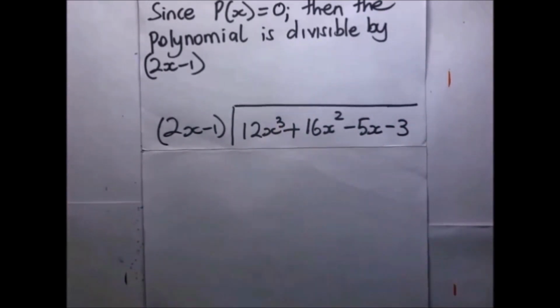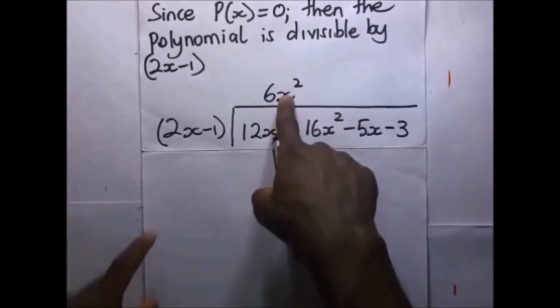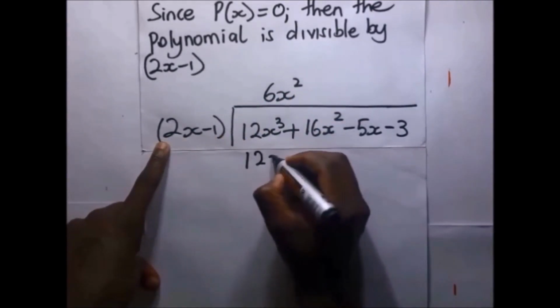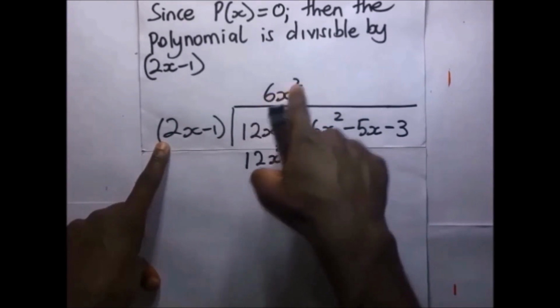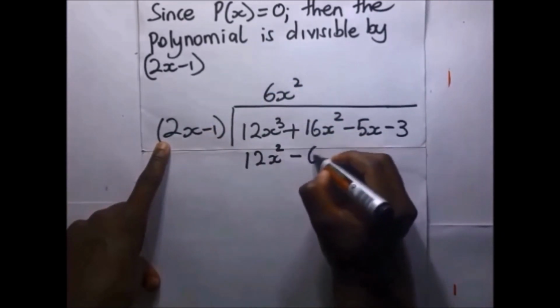So 12x cubed divided by 2x, we shall get 6x squared. 6x squared times 2x is going to give us 12x cubed. Then 6x squared times negative 1 will get negative 6x squared.